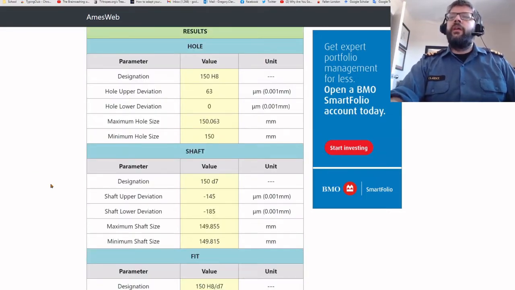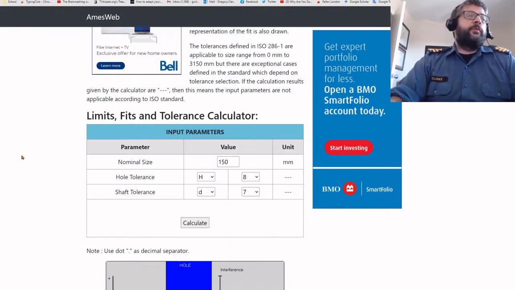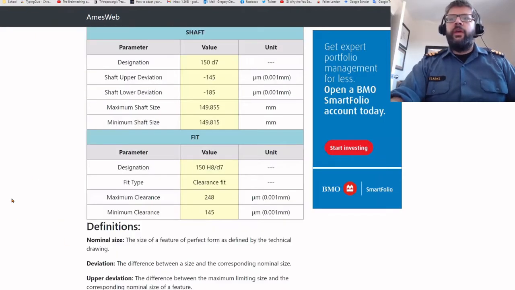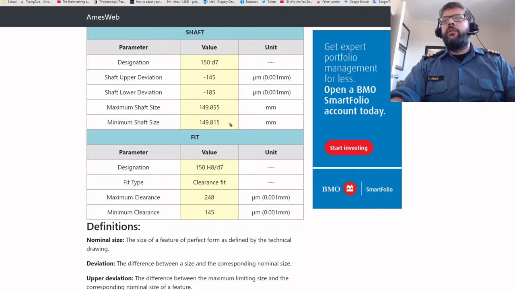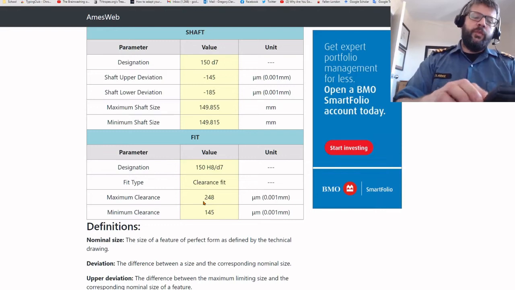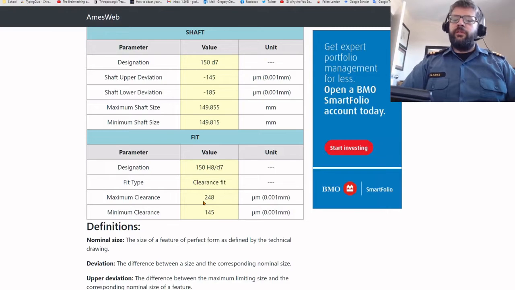So anyways, a bit of playing around, I was able to figure out that if we specify a nominal size of 150 and then a hole tolerance of H8 and then a shaft tolerance of D7, we are able to target a maximum diametrical clearance of 248 micrometers, or 0.248 millimeters. So 0.248 divided by 2, that's 0.124.